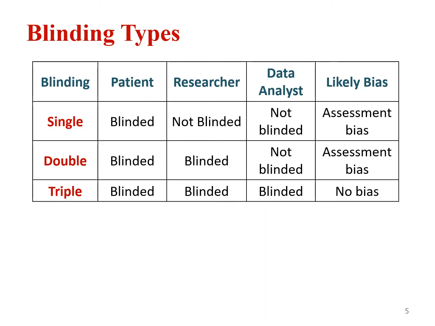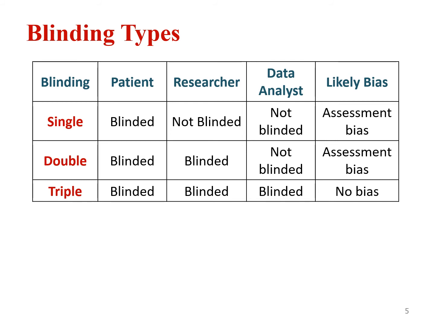Blinding is of three types: single, double and triple. The first one is single blinding. In this type, only the patient or subject is unaware about the identity of intervention or treatment, but chances of ascertainment bias are still there.